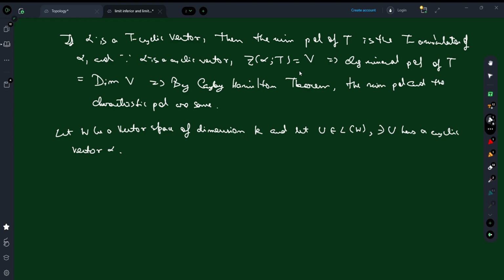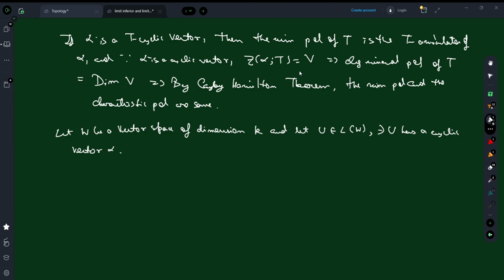Now, what does theorem 1 say? If U has a cyclic vector alpha, then the cyclic subspace Z alpha T is generated by the set alpha, U alpha, U square alpha, and so on.